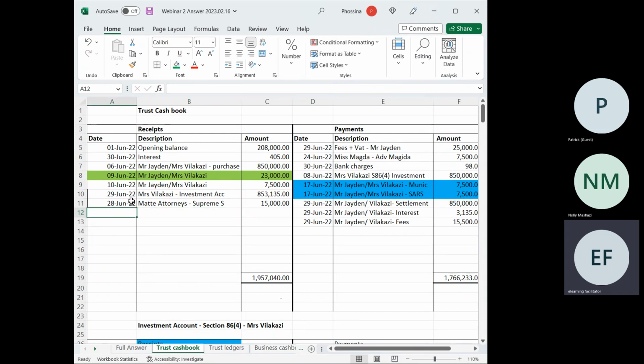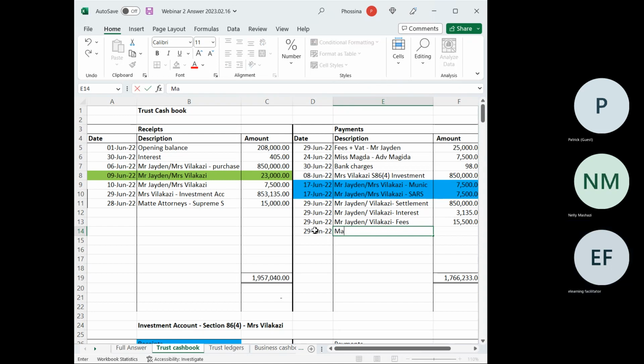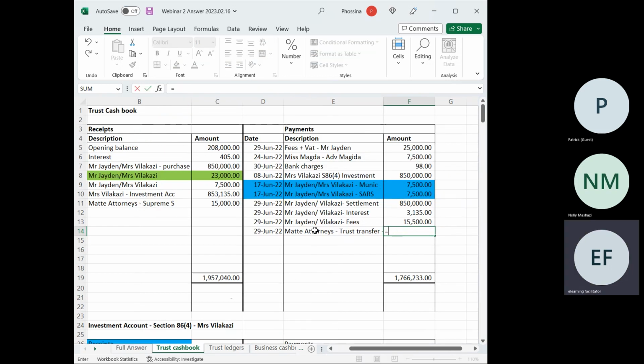It's a trust transfer. So we are transferring funds from the trust account to the business account, which is our fees plus disbursements. So how much are we transferring?